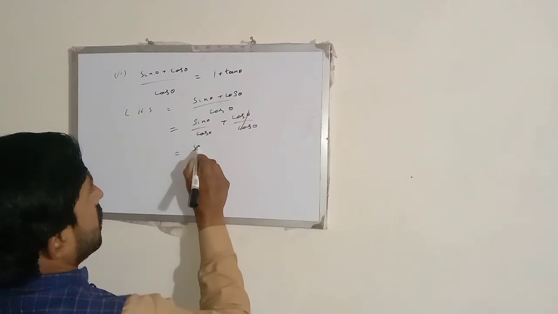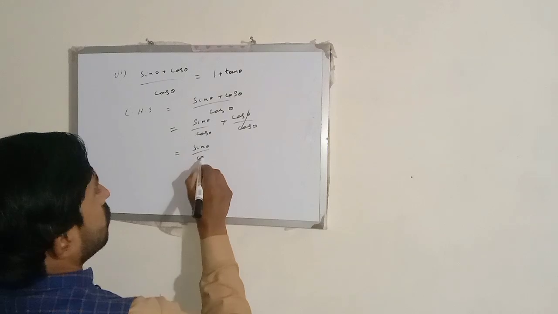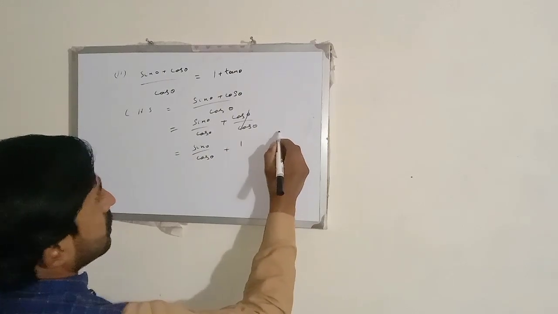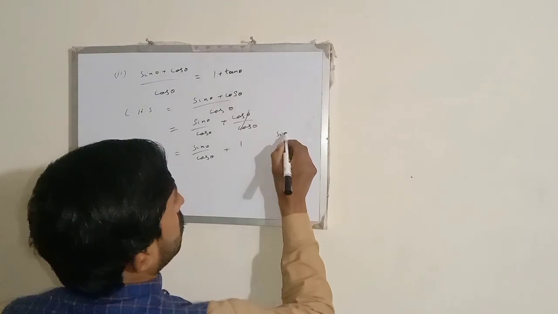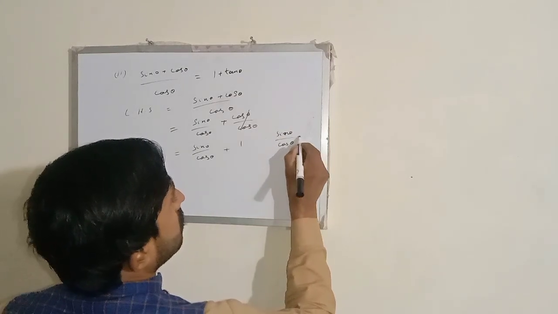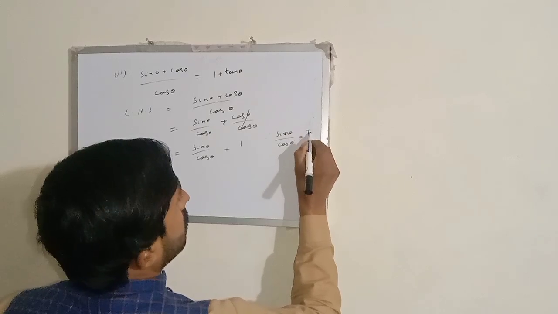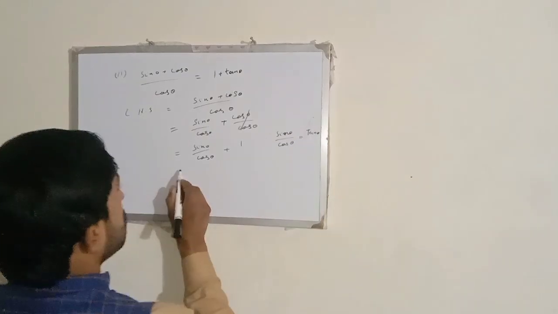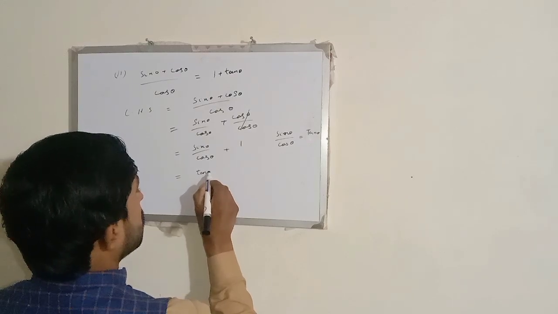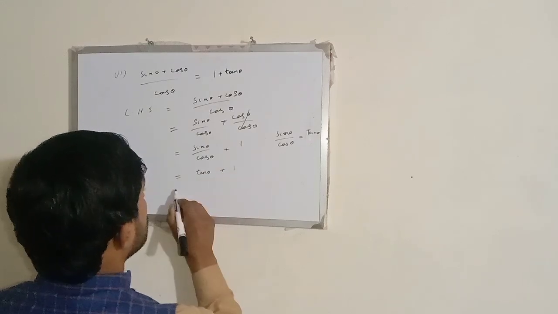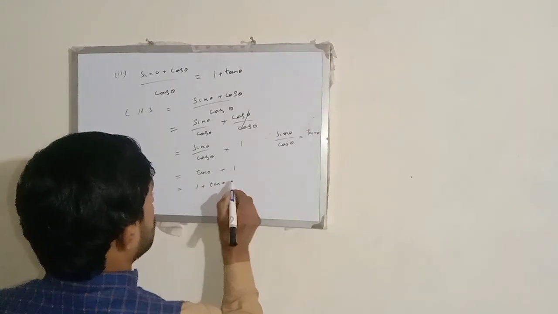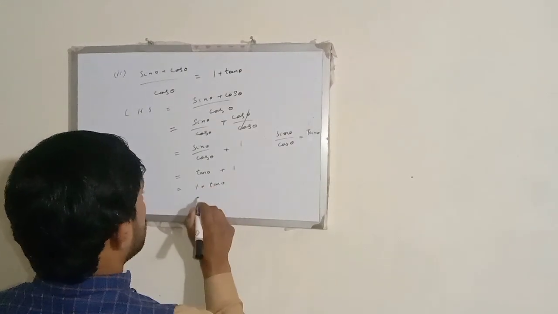The result is sin theta over cos theta plus 1. We know that sin theta over cos theta is equal to tan theta. So put the value of tan theta plus 1, which is equal to 1 plus tan theta, which is the right hand side.